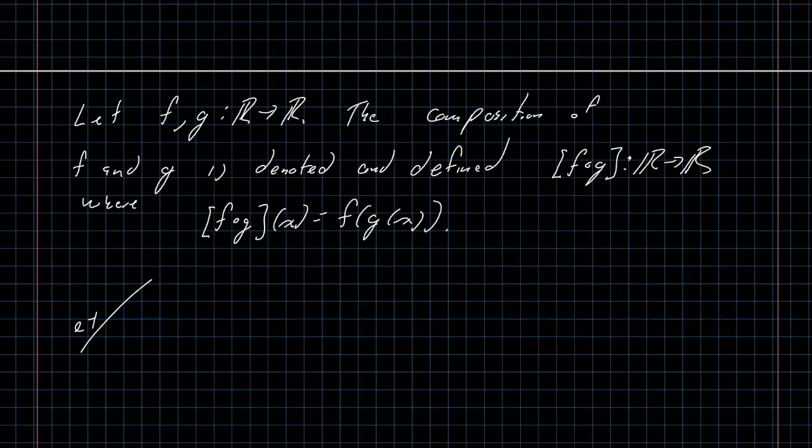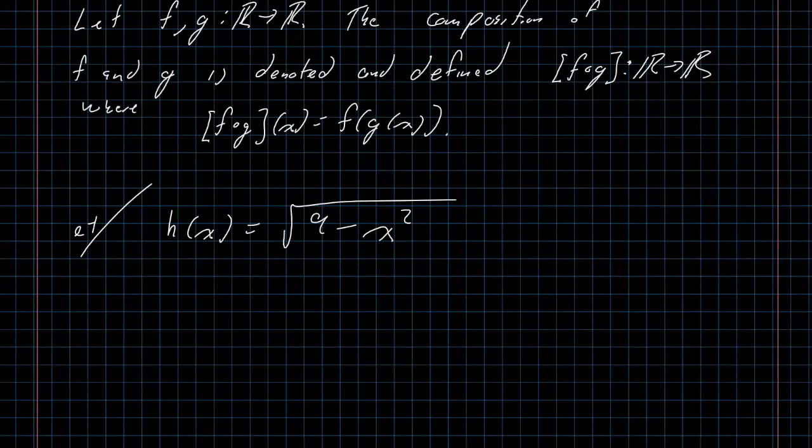So for example, if we're looking at h of x is the square root of 9 minus x squared, we can recognize that this is a composition of f of x being the square root and g of x being the stuff inside the square root, 9 minus x squared.